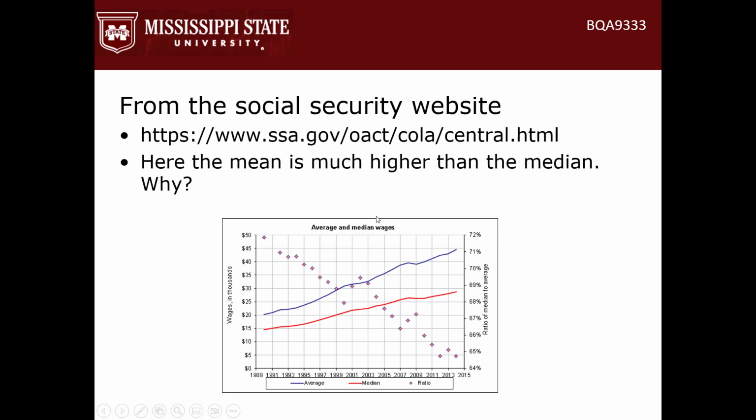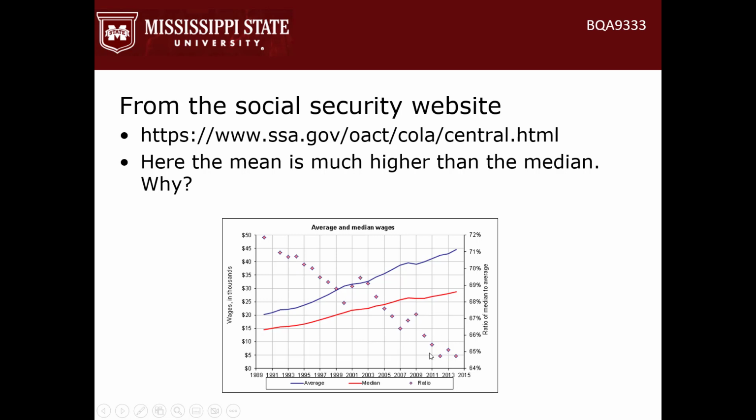So here's a nice real world example. When we talk about income inequality, we have the average income going up in this blue line and the median income in the red line. And you can see that the mean is going faster than the median. These little diamonds are showing the ratio between those.